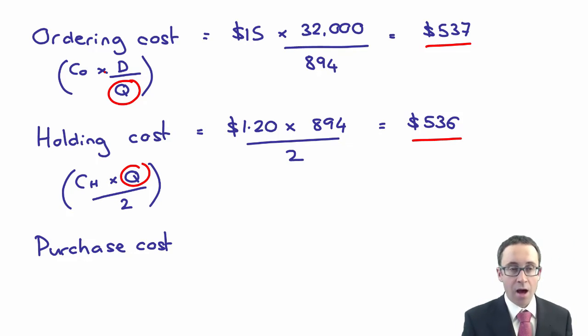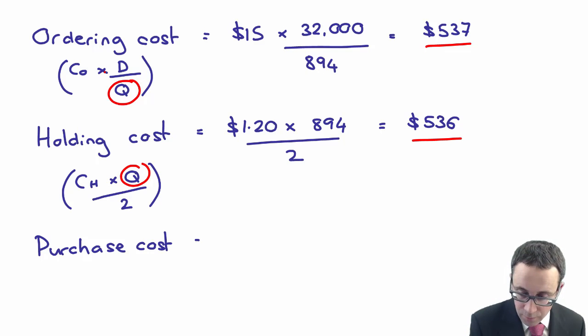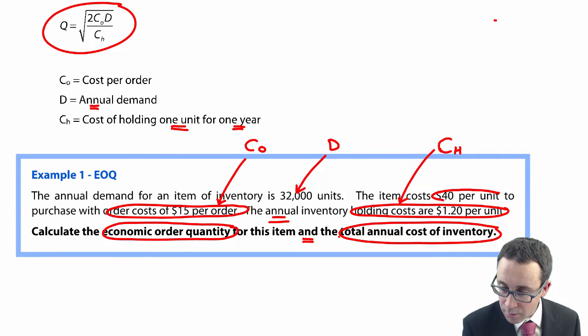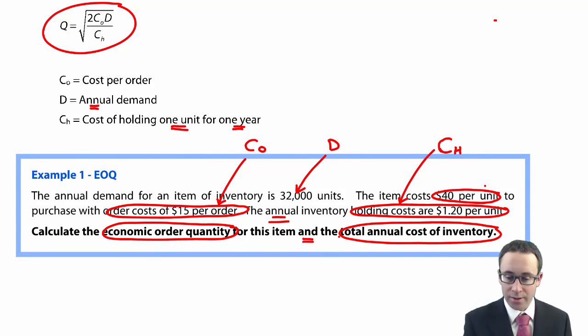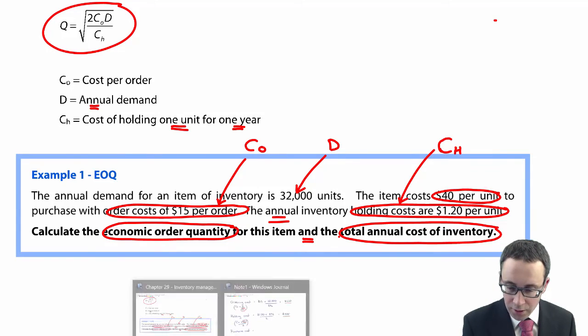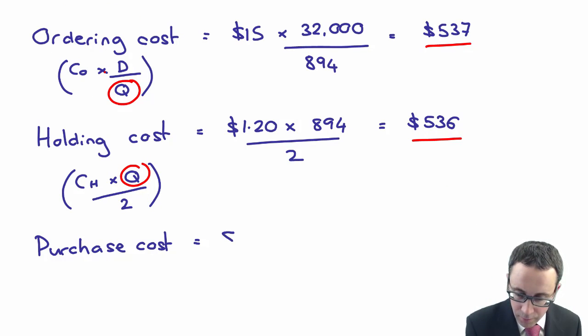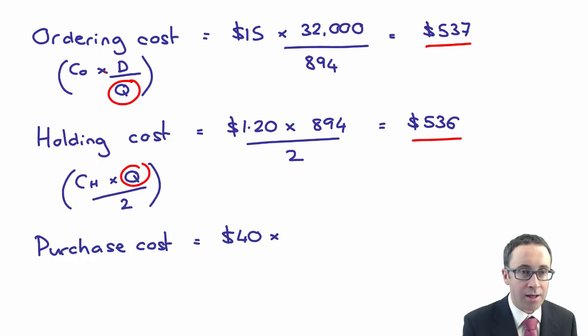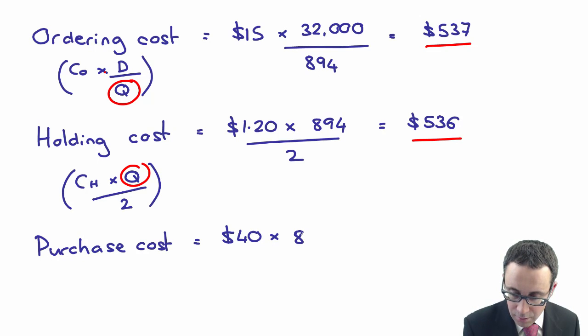Excellent. In terms of my purchase cost, let's just double check. What was the purchase cost? The purchase cost was $40 per unit. There were 894 units purchased.